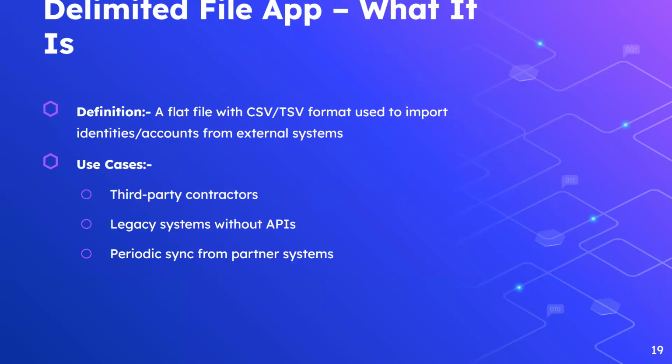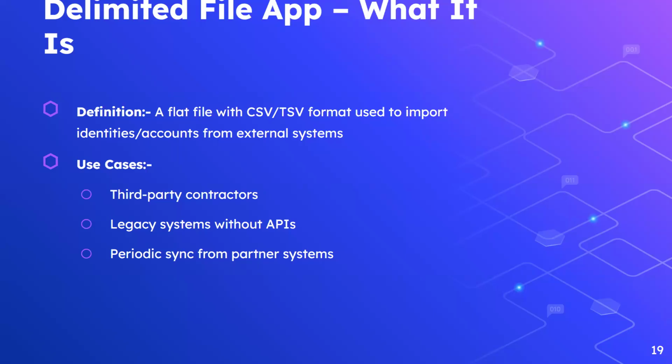Yeah, go ahead. So for this delimited file app, we have already done it. A CSV file we have used, and we imported the identities and accounts from external systems. And this is our use case where we were basically onboarding the third-party contractors without APIs. We actually did the user reconciliation without the usage of any APIs.